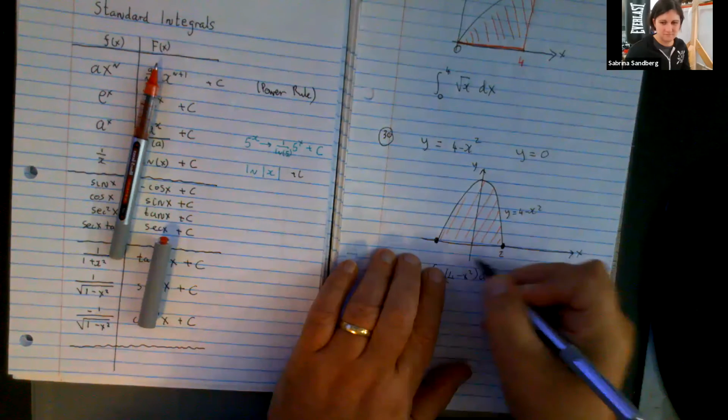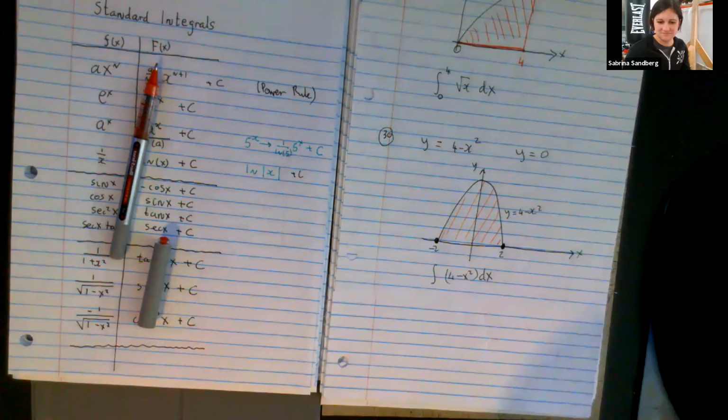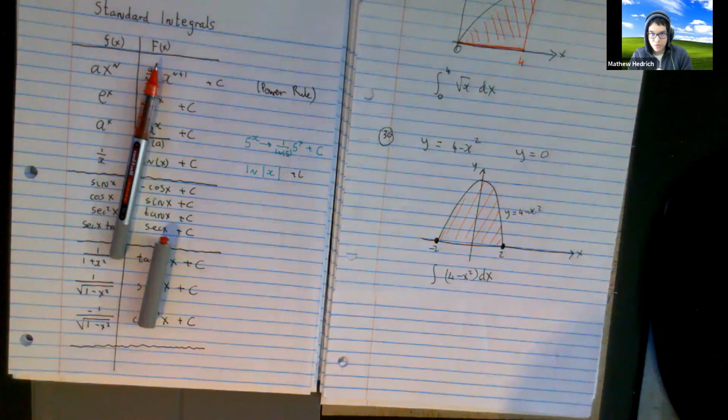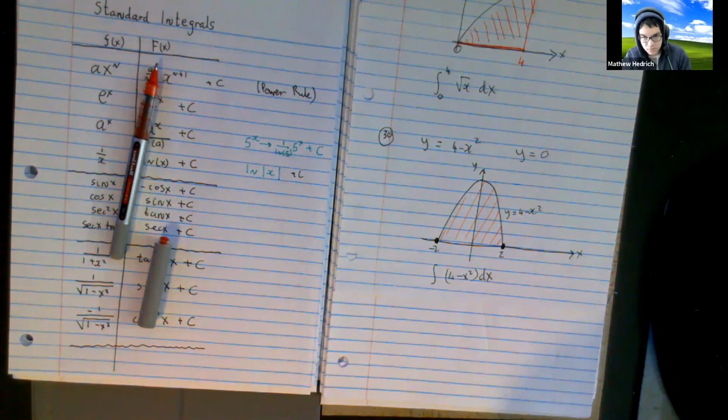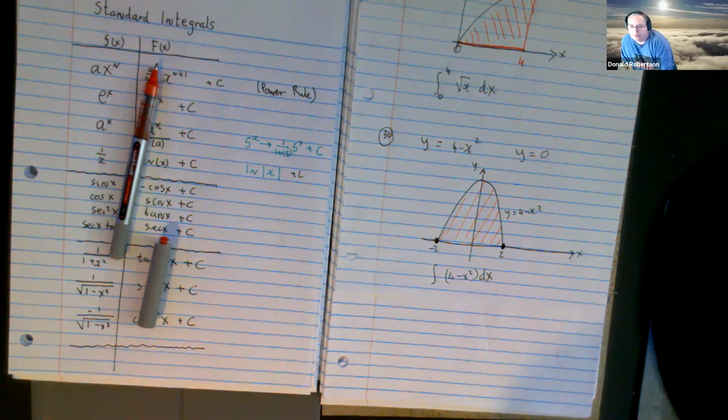Well, in order to get 0 out of 4 minus x squared, x squared needs to be 4, which would be 2. So what you did, if I put it in different words, is you found out where 4 minus x squared crossed the x-axis. You did that by making its y coordinate 0 and solving 4 minus x squared equals 0.